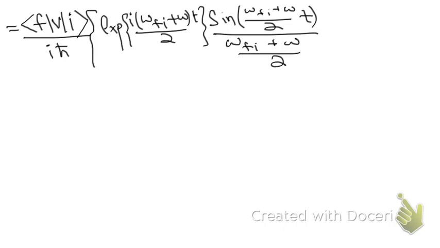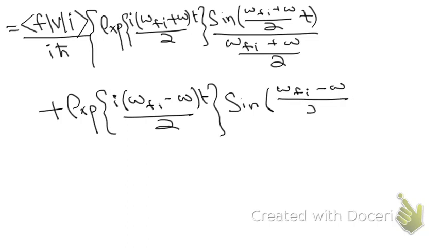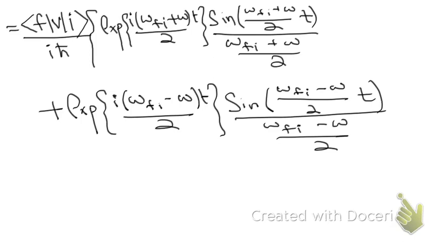Then you'll have another term, plus the exponential iota omega fi minus omega times t over 2, and another sine function: sine of omega fi minus omega over 2 times t, over omega fi minus omega over 2.